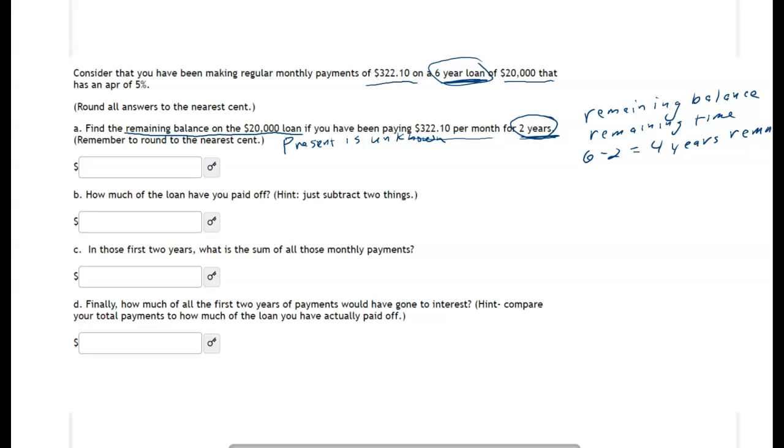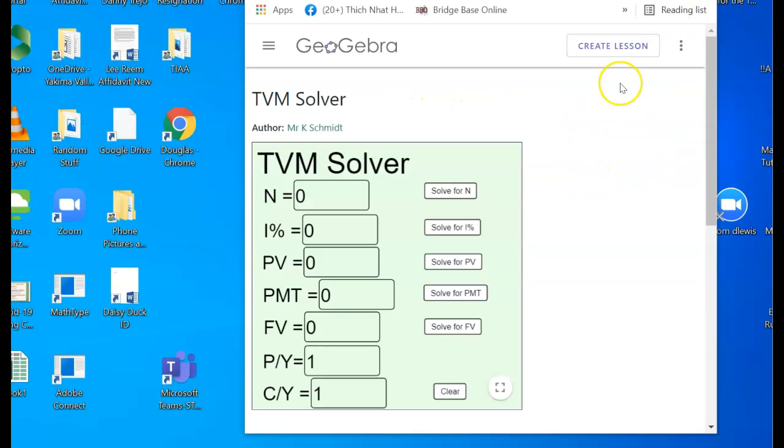So as we go to the TVM solver, keep in mind it's a 5% loan with monthly payments of $322.10, and we owe for 4 years. Let's get the TVM solver up. And this is the key: you owe only 4 more years, so that's 4 times 12, or 48. You have 48 months left to pay.